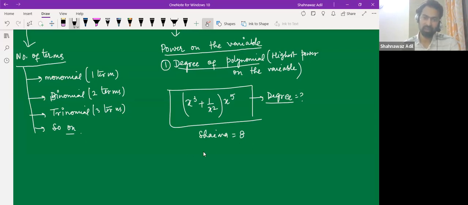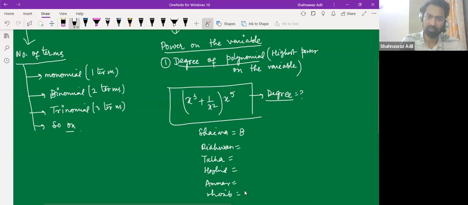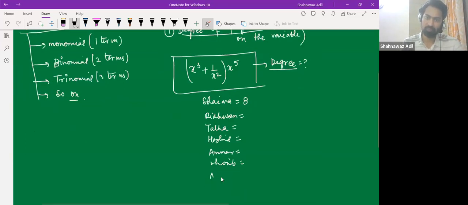Yes, everyone. So Rizwan, Talha, Harshit, Amar, Shuaib, and Aisha, what about you guys? What is the degree? First you guys have to tell me that Shaima is telling me the degree, which means that she is saying that this is a polynomial.